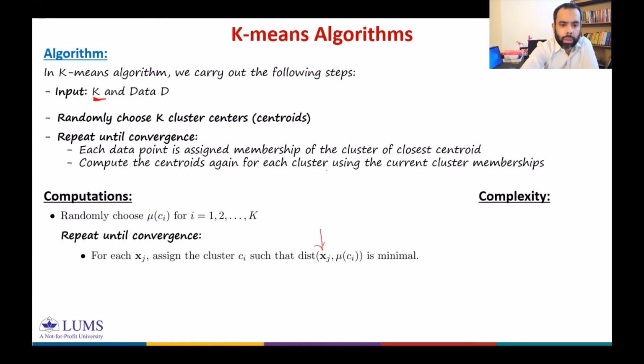So this point xj is closer to mu Ci than all other centroids, and therefore we assign the cluster Ci to xj. And we do this for each data point.